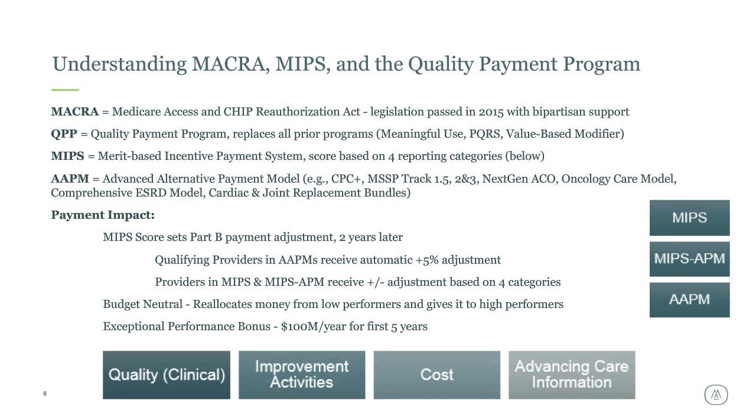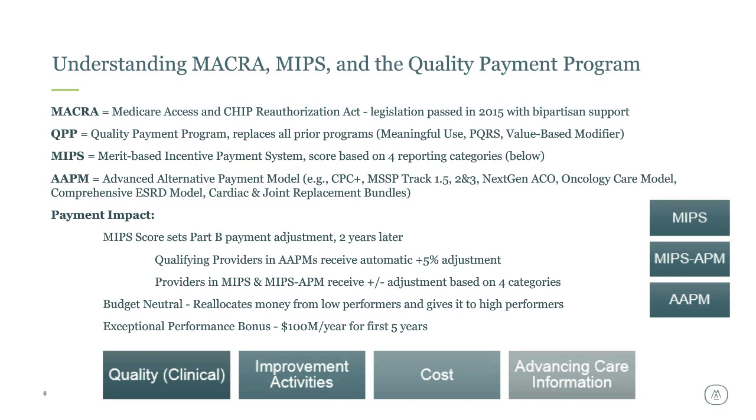But for your typical PPS providers, you can sort of level out of the MIPS system by participating in an alternative payment model, such as the Medicare Shared Savings Program. And for those who are in the lowest track, the not risk-bearing track of the Medicare Shared Savings Program, these are considered MIPS APMs.